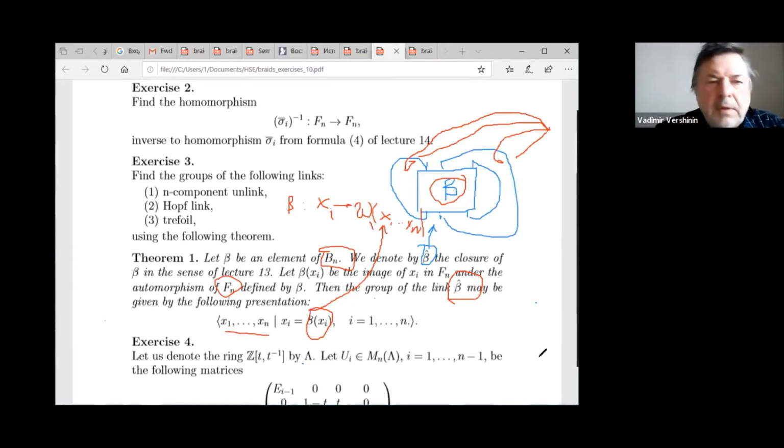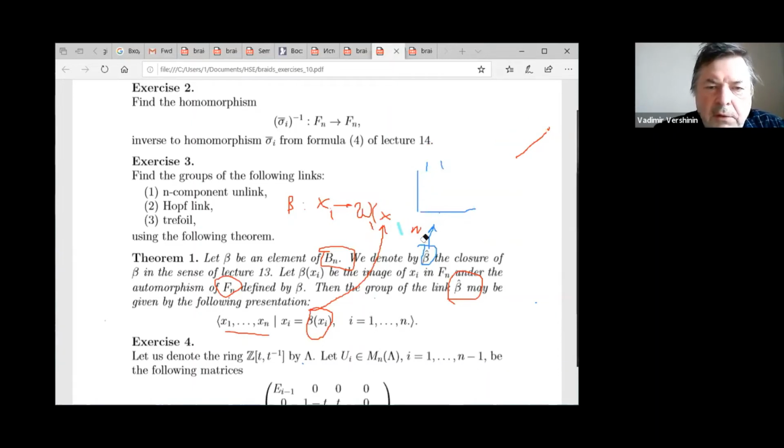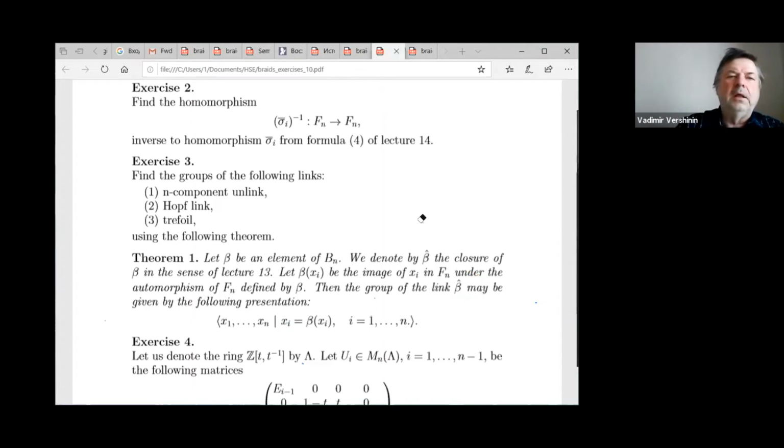Okay. So I suppose that you've seen this theorem before, but now we shall use it in order to calculate some concrete things. For example, the n-component unlink.